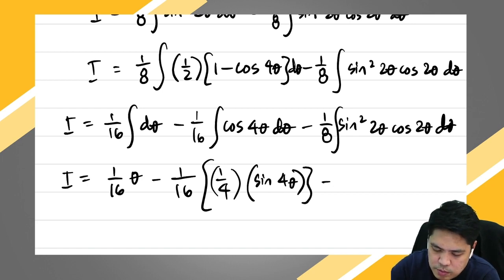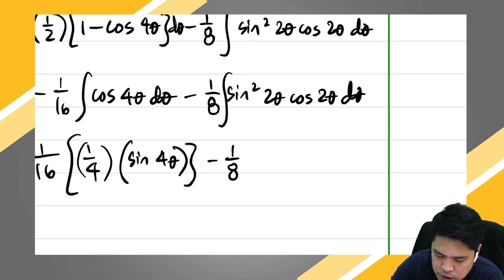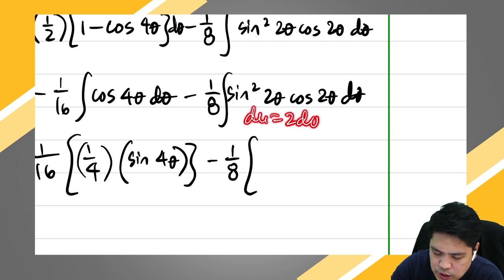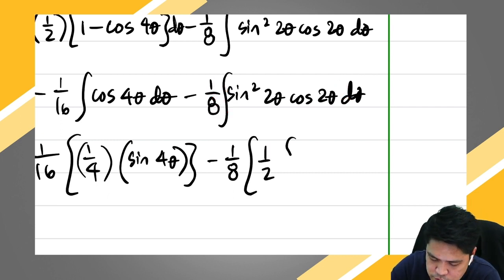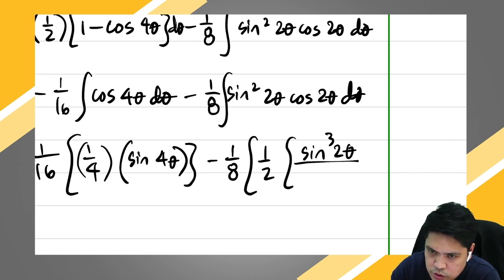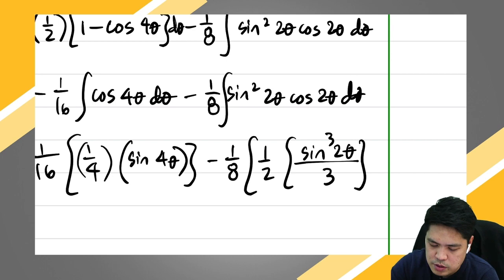Okay, and then minus, the same here, we have 1/8 times, remember that if u is 2 theta, therefore du is 2 d theta. So we need a 2 here, then we multiply this again by 1/2. So we'll have 1/2 times, since this is a case of u raised to n du, that would be u raised to n plus 1 over n plus 1.